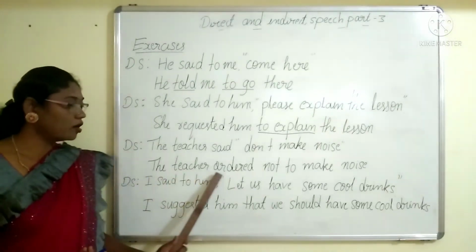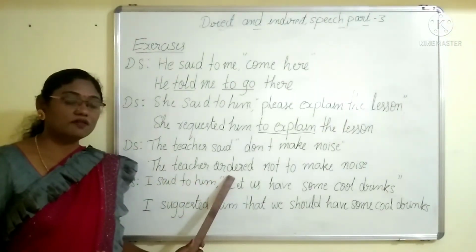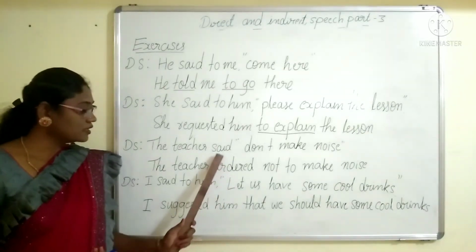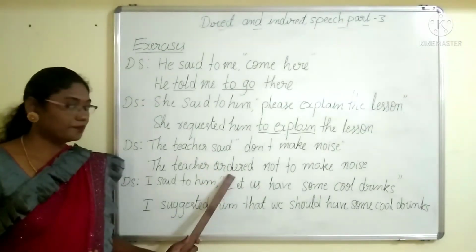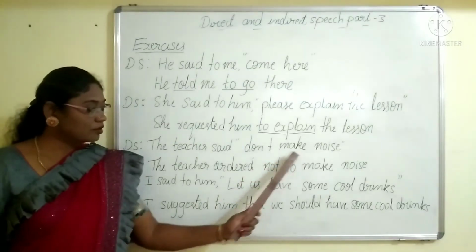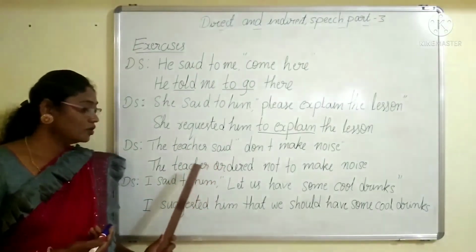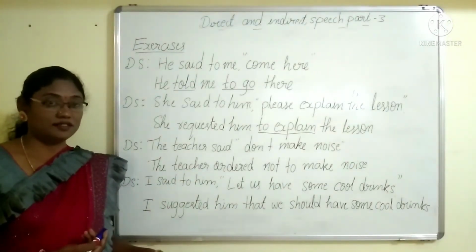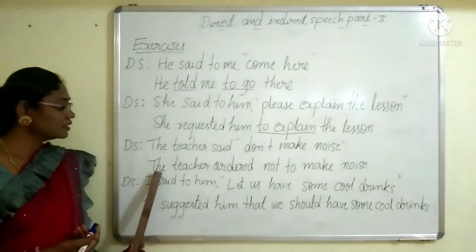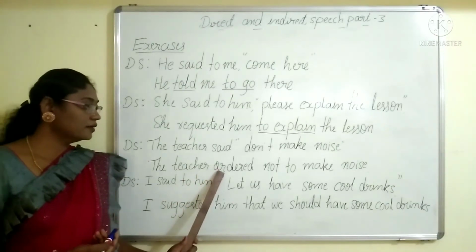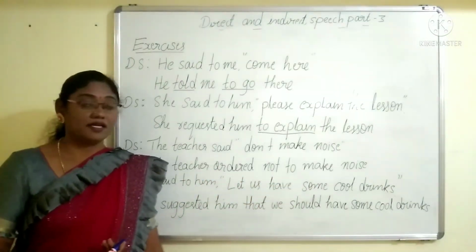The teacher ordered. I used the reporting verb order. Okay, said became ordered, because you can see the tone of the teacher is something furious like that. So she is ordering the children. Okay. The teacher ordered not to make noise.